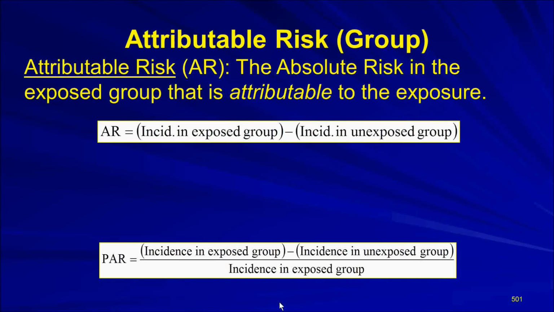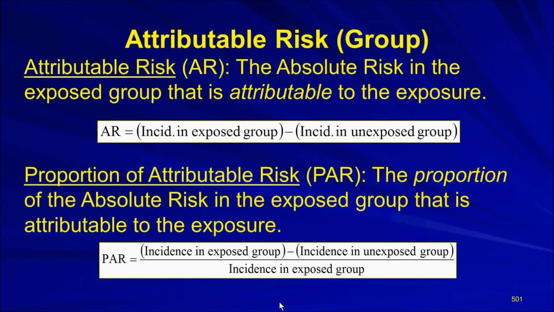Now, let's go slowly through these. Now, notice how complicated the statistics are. So, you're going to look at attributable risk. Now, absolute risk, or the incidence rate in the exposed group that is attributable to the exposure.